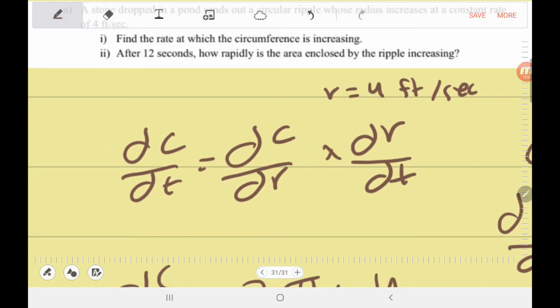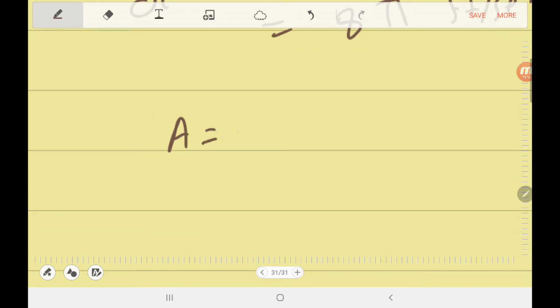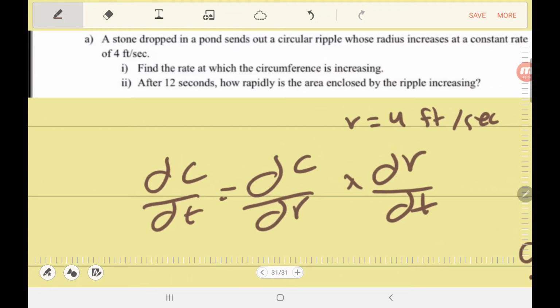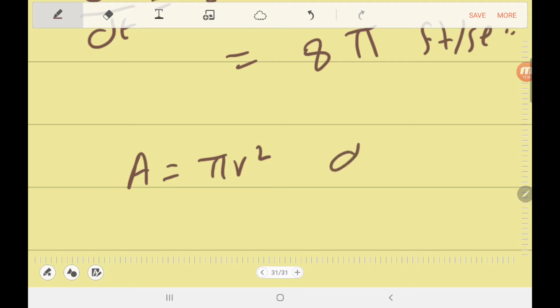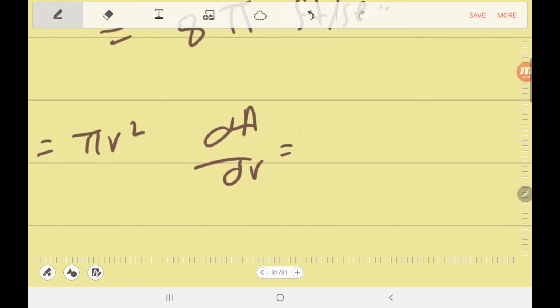So we want to check that area is equal to pi r squared, and dA by dr is 2 pi r.